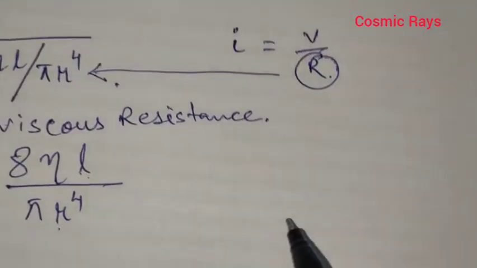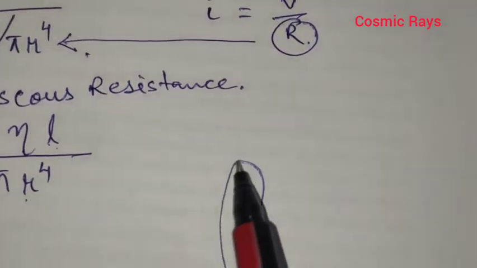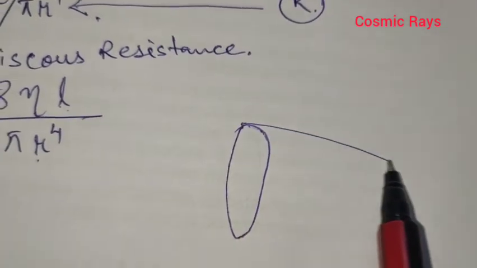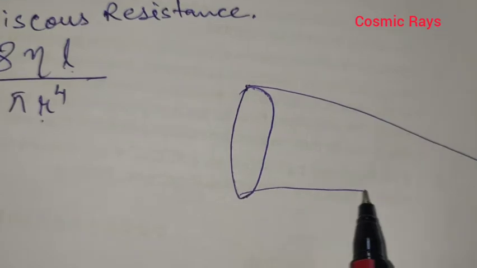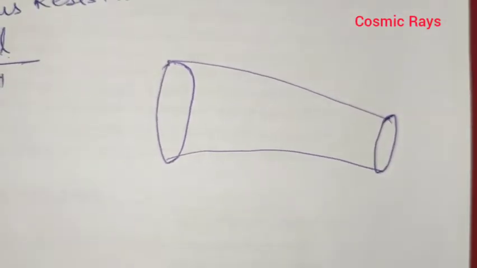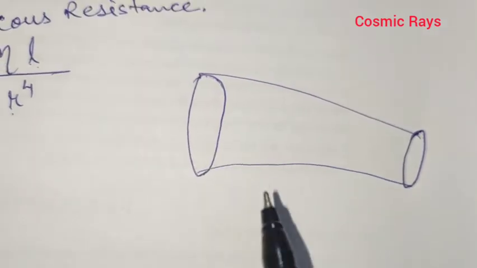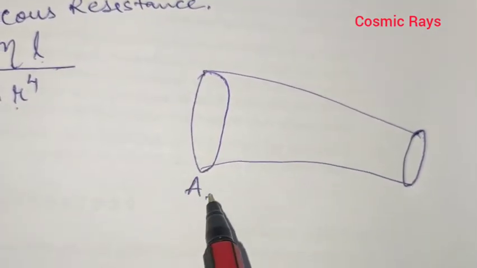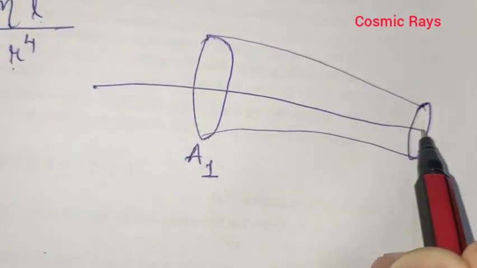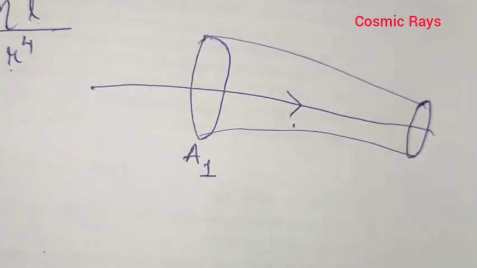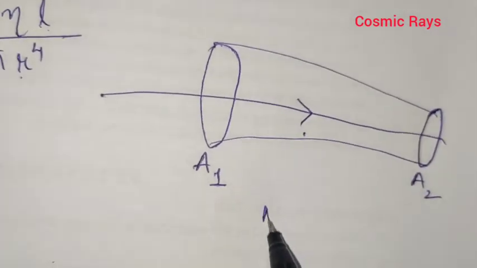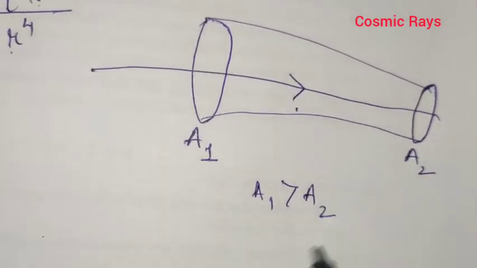The principle of continuity tells us that suppose we have a pipe where the fluid or liquid is flowing, and this is the inlet and this is the outlet. So automatically area 1 is greater than area 2.